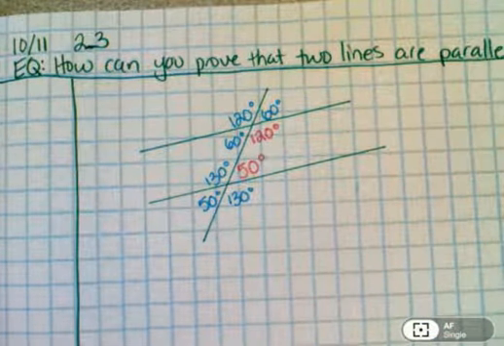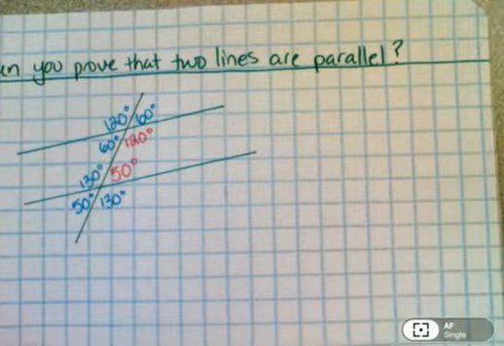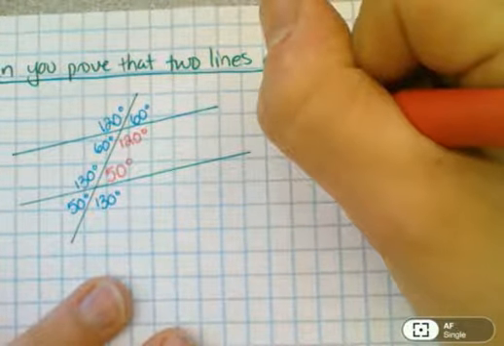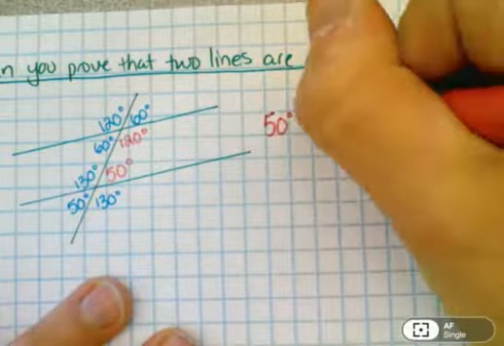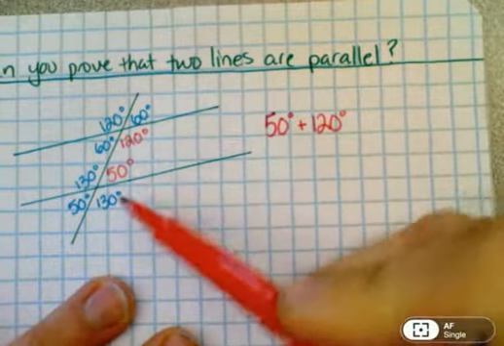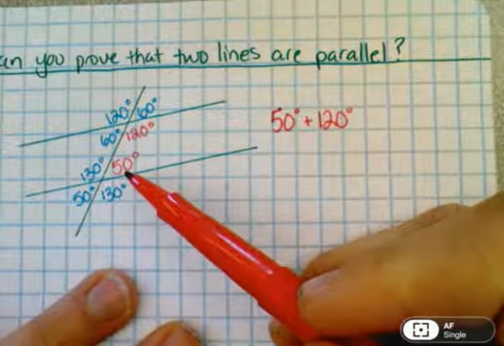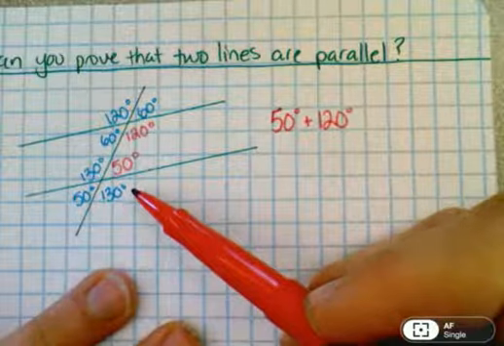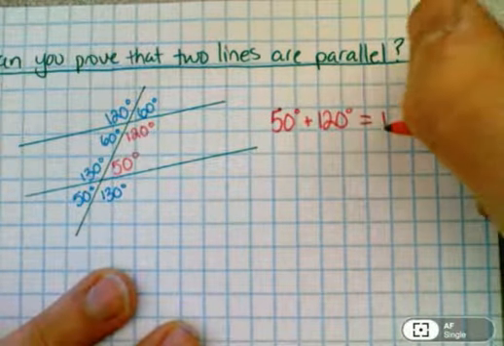So what we're going to say off to the side is that the 50 degrees plus 120 degrees, these are same side interior angles, and we learned from our last lesson that same side interior angles should be supplementary. They should add up to 180, and in this case they don't.